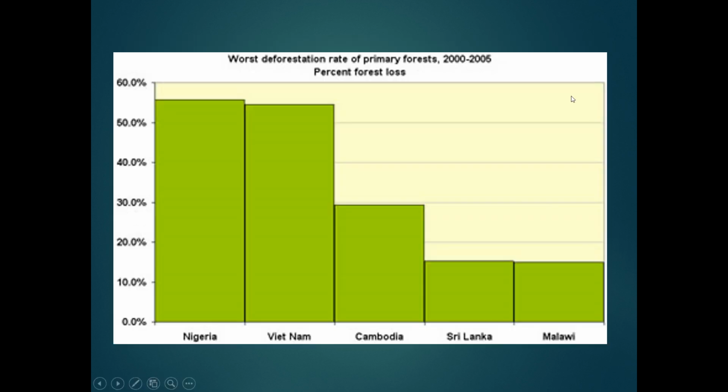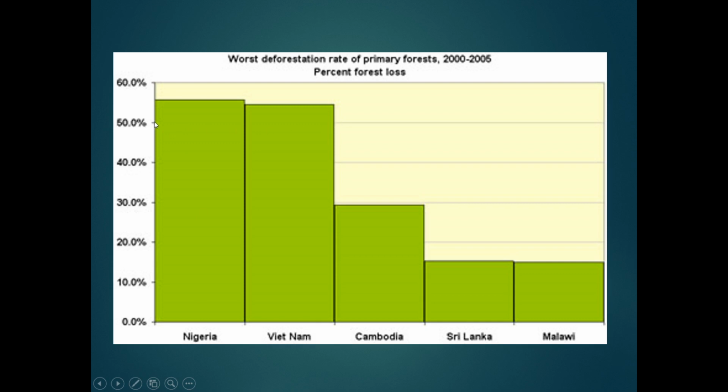Now, a couple last slides to give you a context. From 2000 to 2005, if we look at the changing geography, this graph represents the deforestation rates. And in a 5-year period, you can see that Nigeria and Vietnam have really surpassed 50% deforestation rates in a very short period of time.